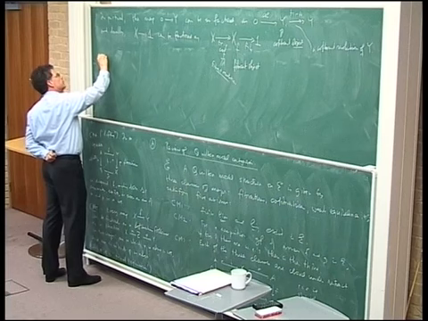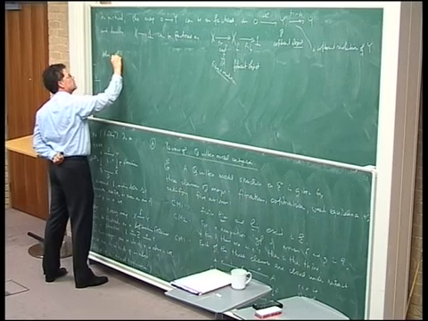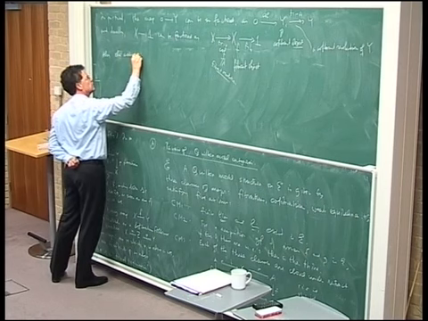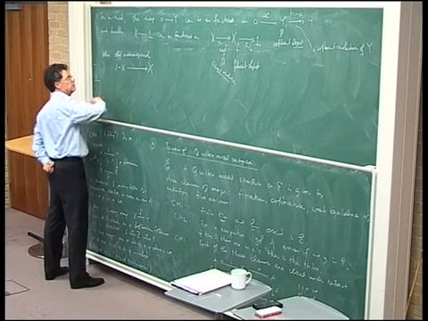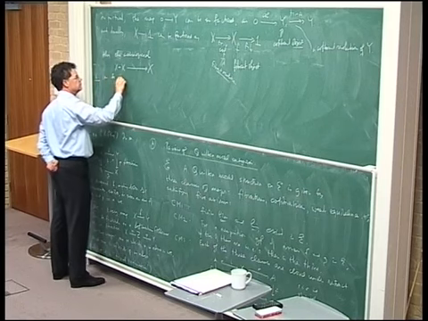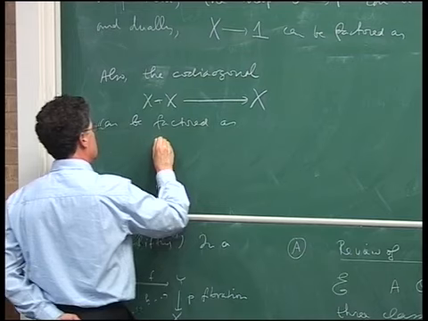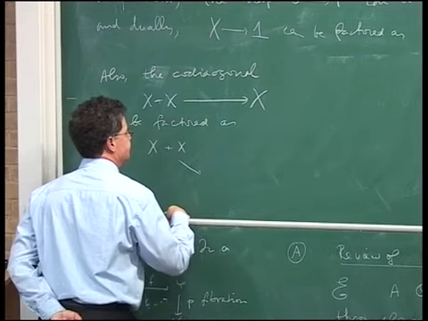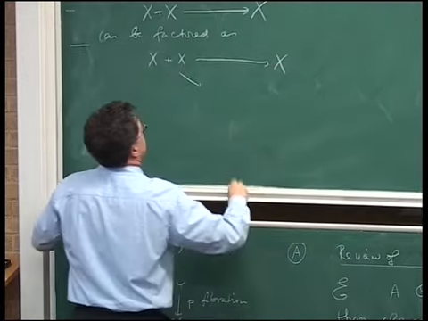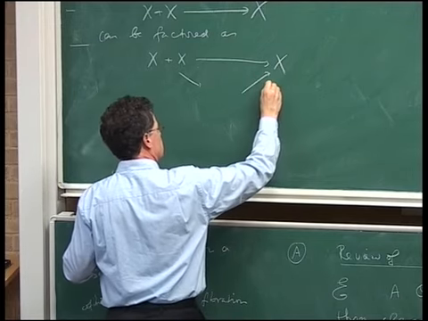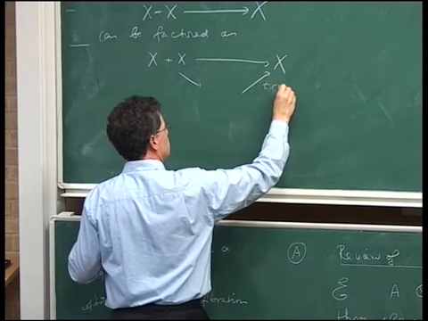One other such factorization. Also, the codiagonal X plus X to X. That's the sum of two copies of X, which exists again by the finite coproducts, can be factored as a trivial fibration preceded by a cofibration.